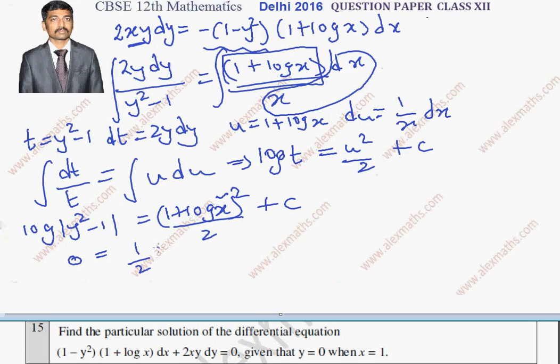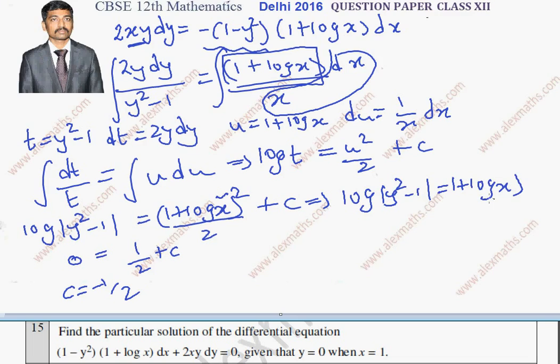So I am left with only 1 by 2 as the value plus c. So from this, the value of c is minus 1 by 2. So we'll substitute here. So log of y square minus 1 equal to 1 plus log x whole square by 2 minus 1 by 2.